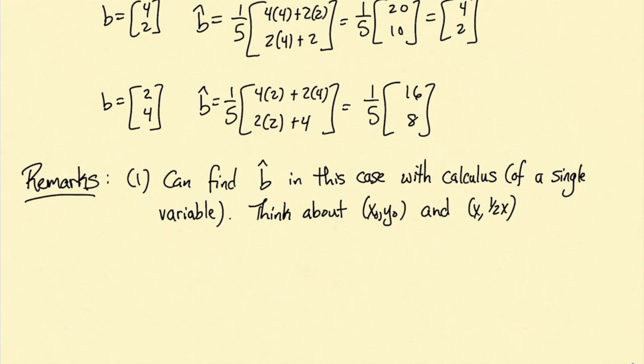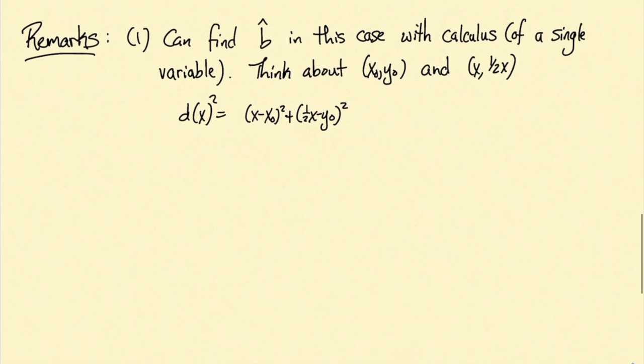To measure the distance between these two points, we'll get a function of a single variable, which is the square root of the difference of the x coordinates squared plus the difference of the y coordinates squared. We can square in order to get rid of the square root.